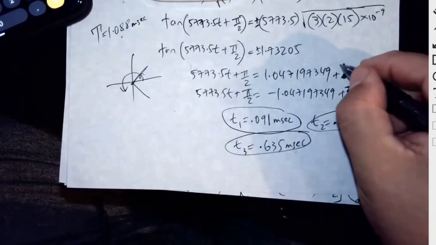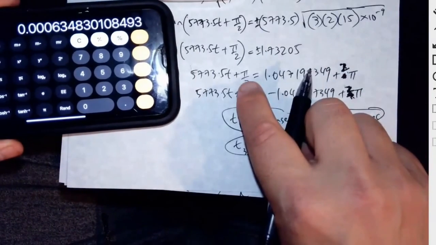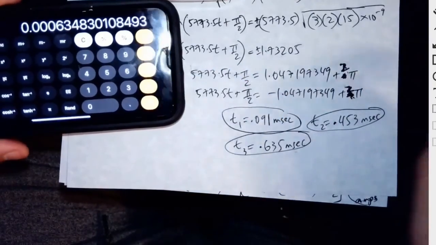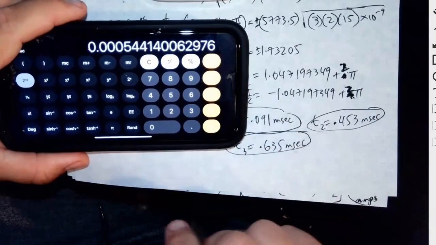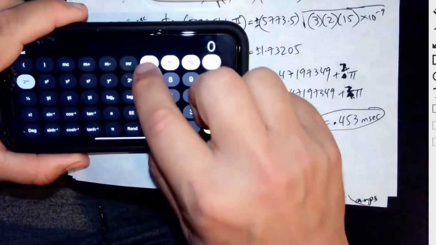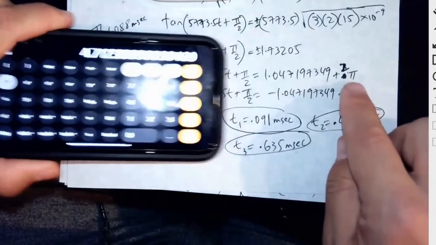Then you go back to here and you put n is 2. And then 2 pi minus pi over 2 is 1.5 pi again. 1.5 times pi. Okay.